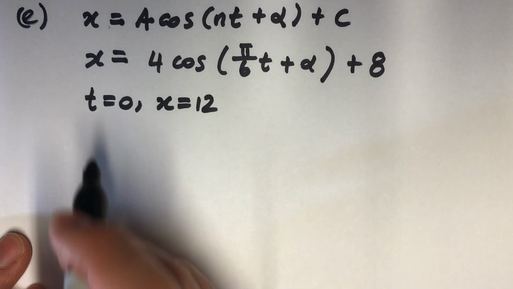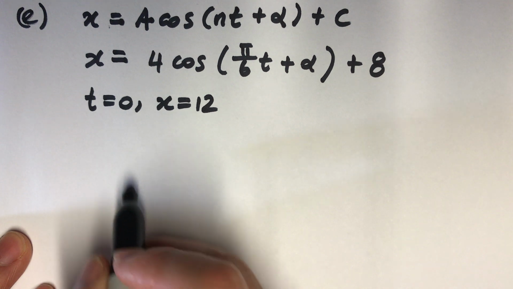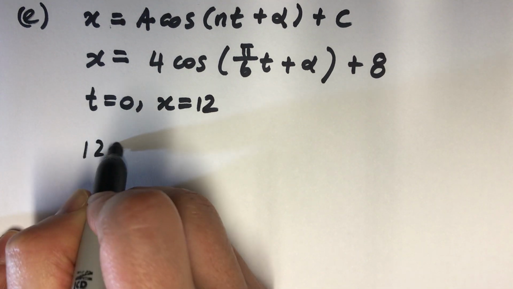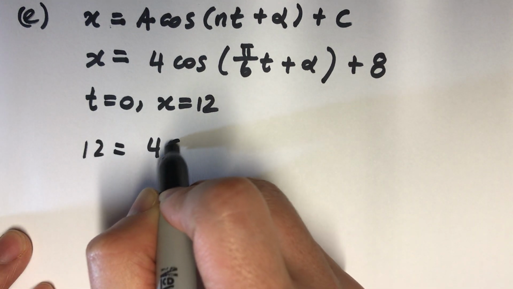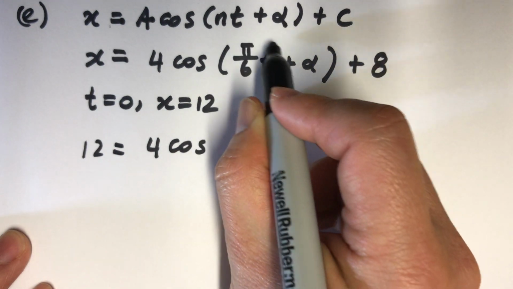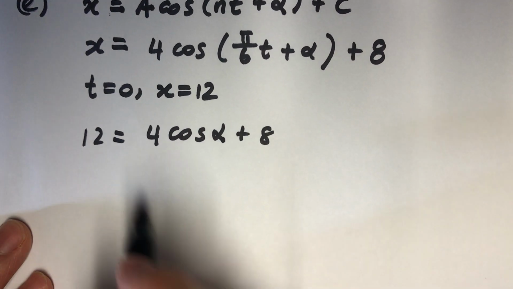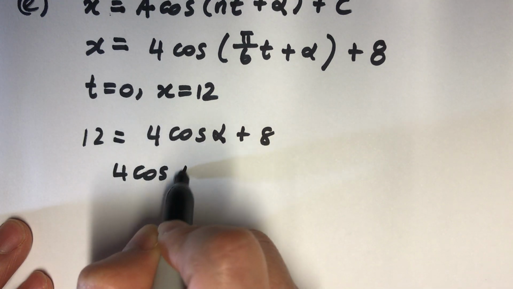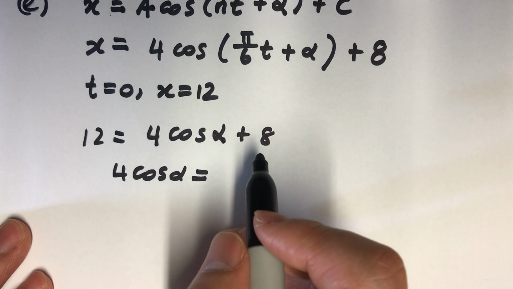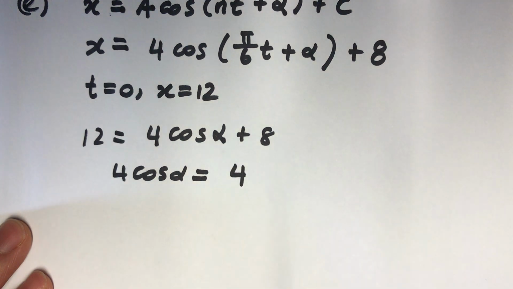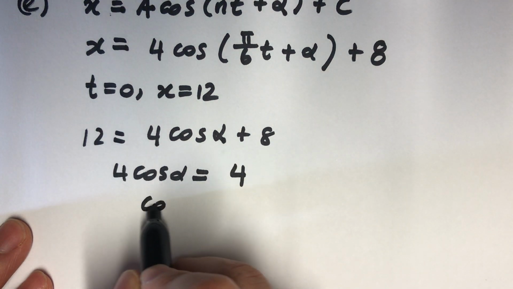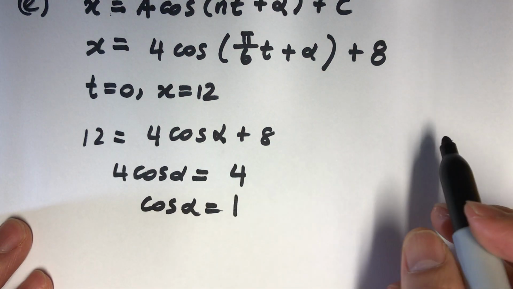So 12 equals 4 cos(0 + alpha) + 8. So now 4 cos alpha equals 4. If I move that, cos alpha equals 1.